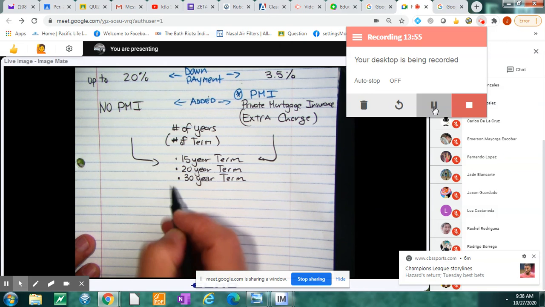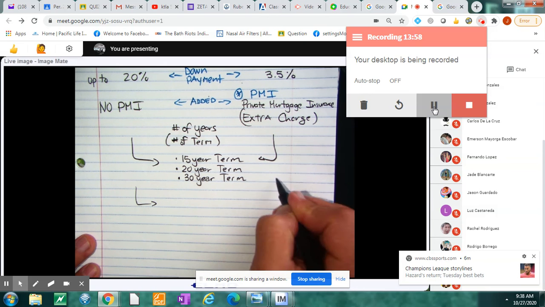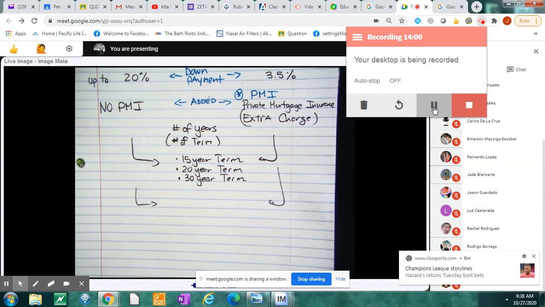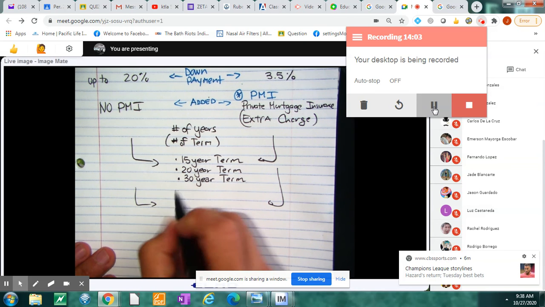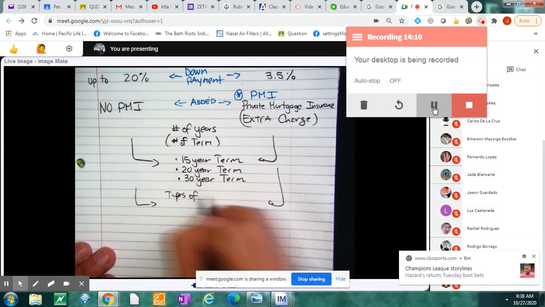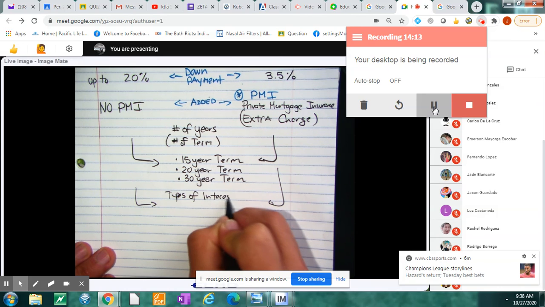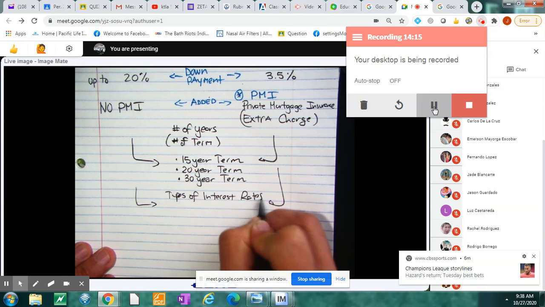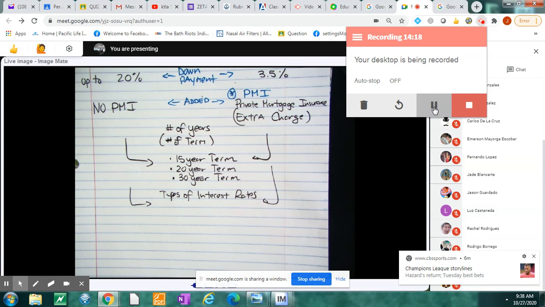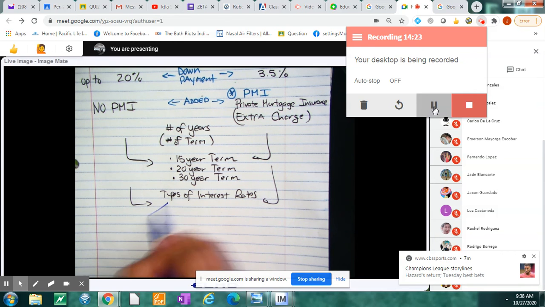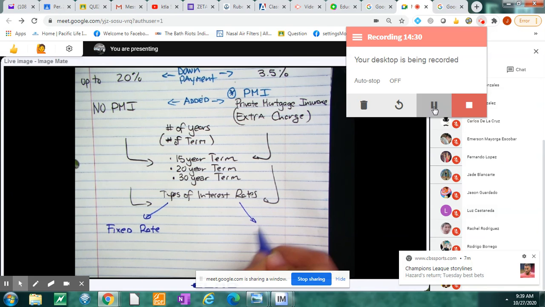So then here also, there are two types of rates. Types of interest rates. This is for both. So there's what's called the fixed rate, and there's called the variable rate.